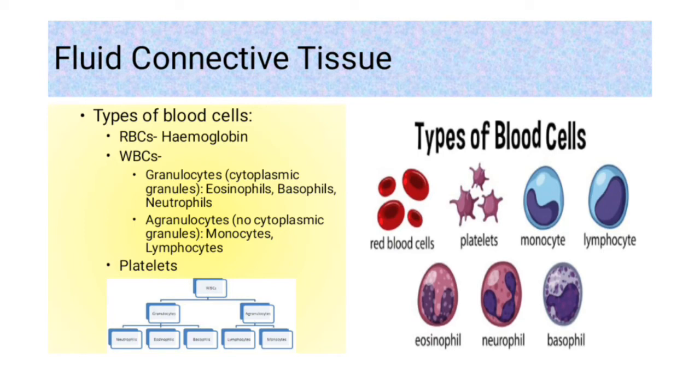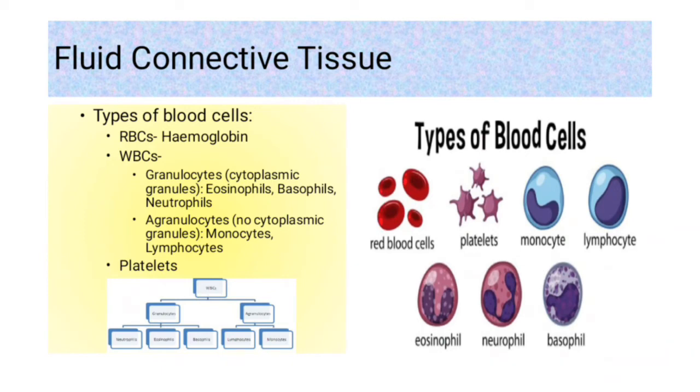Next is leukocytes. Leukocytes or WBCs do not have hemoglobin, so they are colorless. They can be round or irregular in shape. Some have granules in their cytoplasm and a lobed nucleus. Depending upon the presence or absence of granules in the cytoplasm, they can be categorized into two categories, granulocytes and agranulocytes.